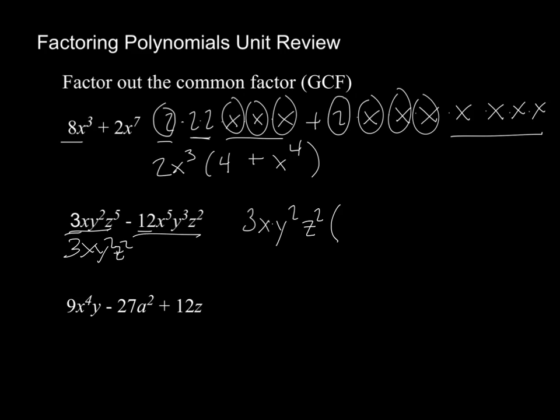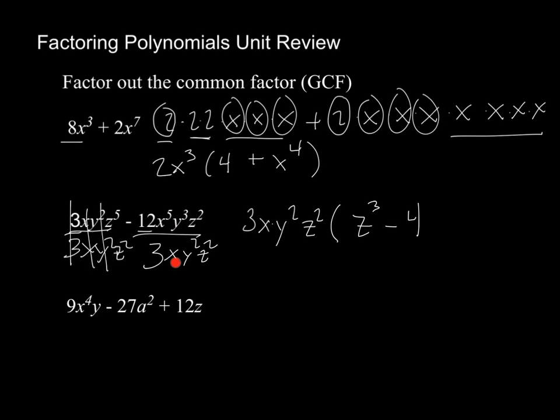Now when I divide this one by it, the 3's cancel, the x's cancel, the y squareds cancel. And then I'd have the exponents being subtracted here. 5 minus 2 is going to give me z to the 3rd power. Over here, I would divide again by 3x y squared z squared. The 3 goes into the 12 4 times.